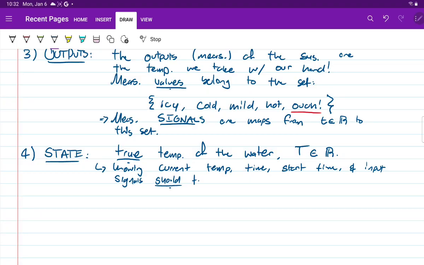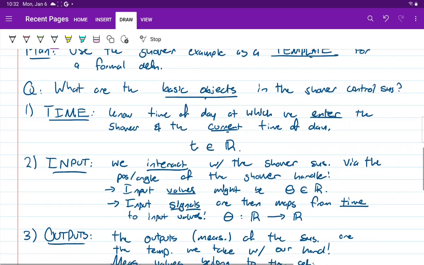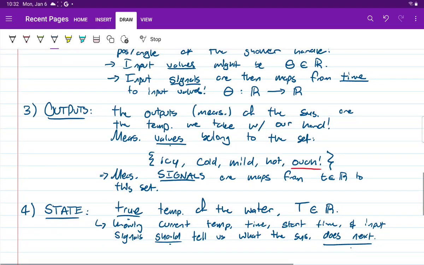Okay? So it should tell us what the system does next. All right? So there's some notion that this state is encapsulating everything we currently know about the system, right? If I know my state and I know what my input is, I should know what the system will do next. Okay. So these are really the four fundamental objects in our system, right?